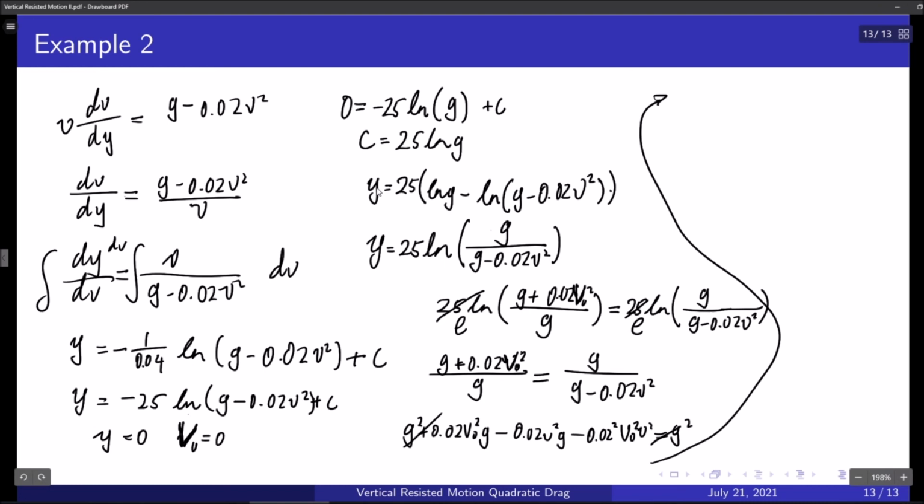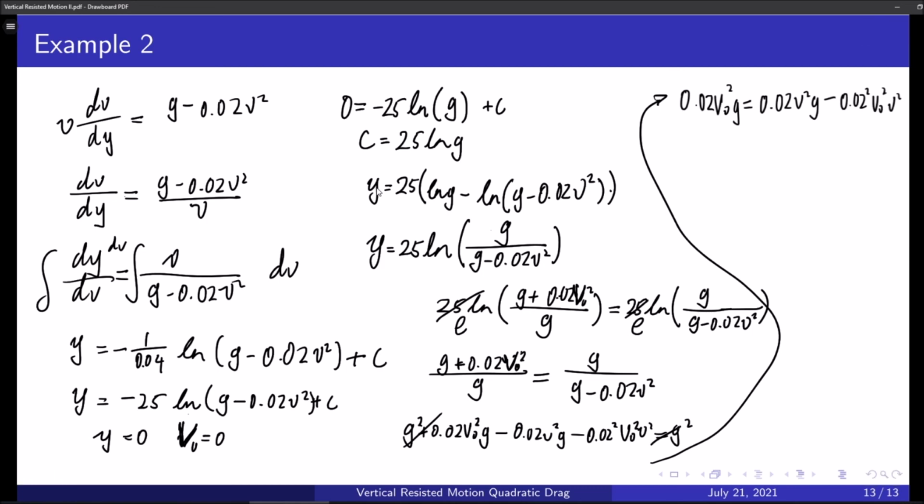So we can turn it into 0.02 v naught squared g equals 0.02 v squared g minus 0.02 squared v naught squared v squared.